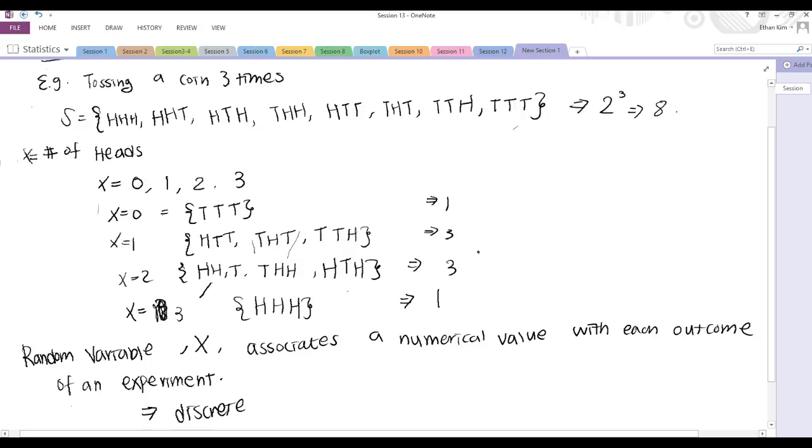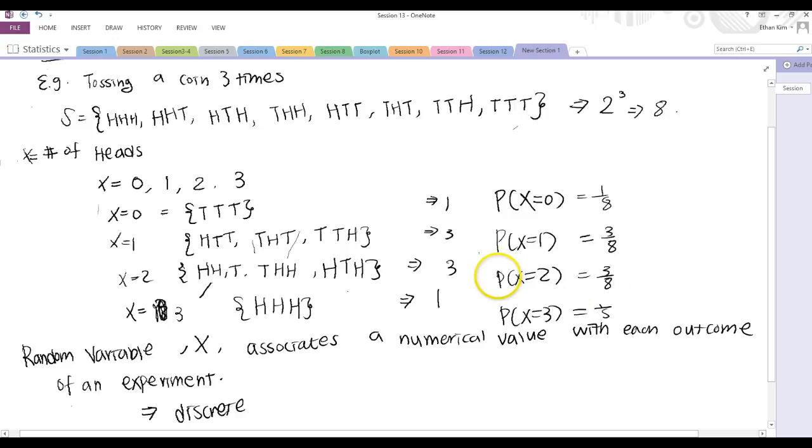If we're looking at the probability that x equals 0, then it's going to be 1 over 8, because there are 8 possible ways for the sample space. So if x equals 1, this is going to be 3 over 8. If x equals 2, then this is going to be 3 over 8. And if it's 3, this is going to be 1 over 8.